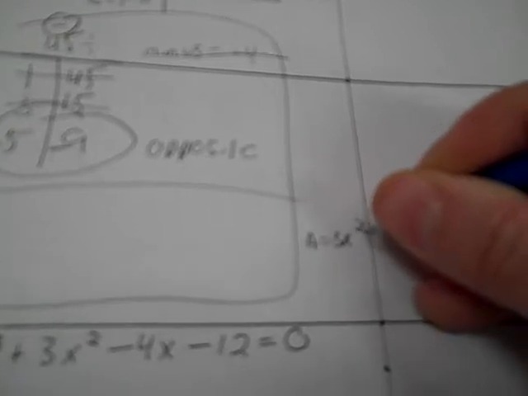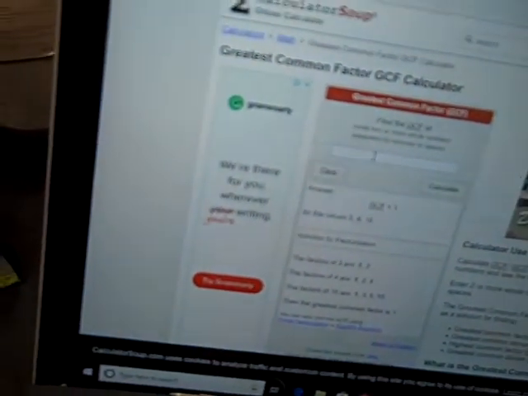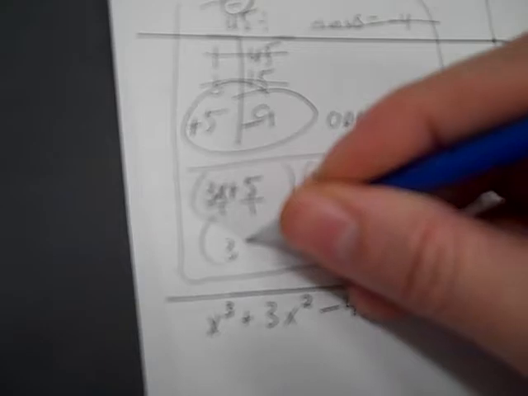Okay, so my A is 3x to the second. Okay, so when I make my parentheses, I'm going to start with 3x plus 5, and then 3x minus 9. Okay, now 3 and 5, the GCF is going to be 1. Okay, so divided by 1 keeps it the same, 3x plus 5.